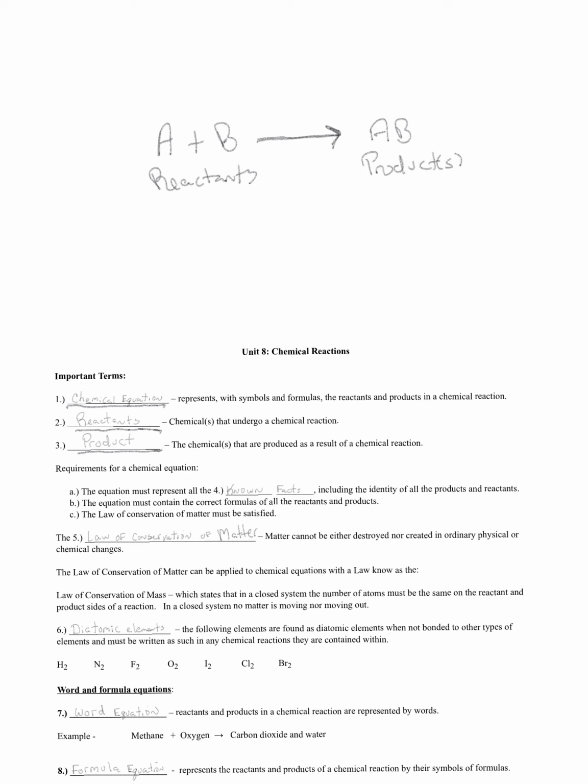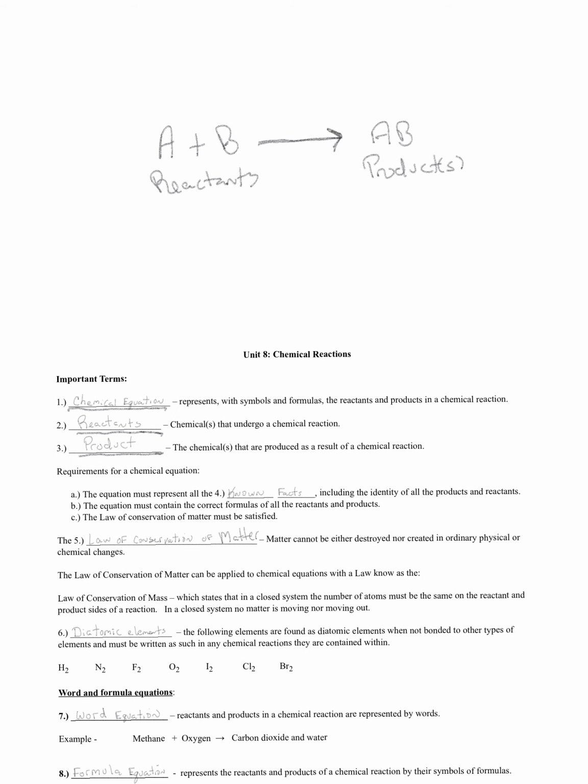Okay? And then sometimes you'll see reactions like this. Let's say we have A plus B, and you might see something that looks like this. What this is saying is that the reaction is reversible. So if the reaction goes from left to right, this would be the reactants, and this would be the product.